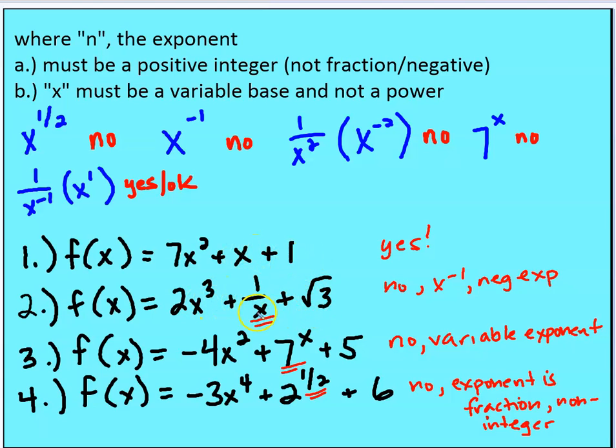Second one, no. For the second term, if I rewrite 1 over x, it's going to be x to the power of -1, so I have a negative exponent. Third one, no, I have a variable as an exponent. And the fourth one, no, I have a non-integer fraction as an exponent. So the first one, yes. Next 3 are going to be no.